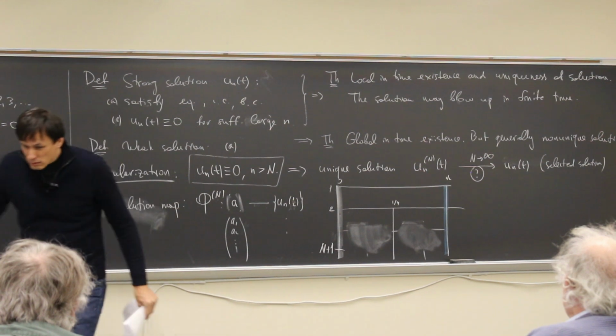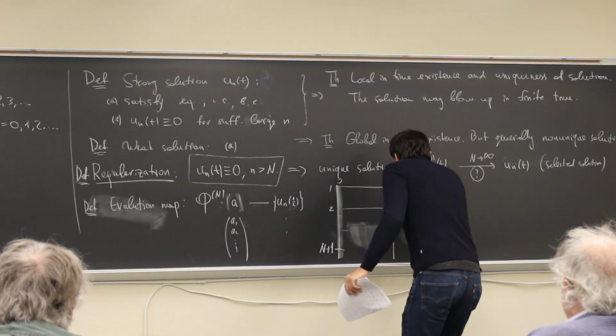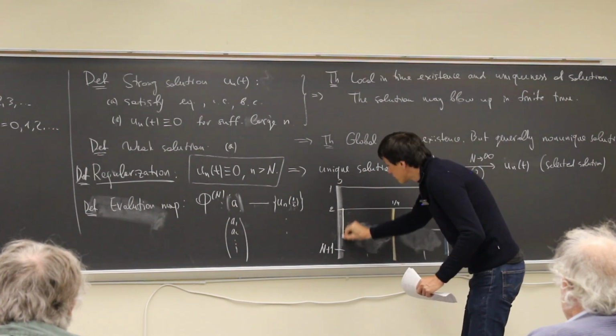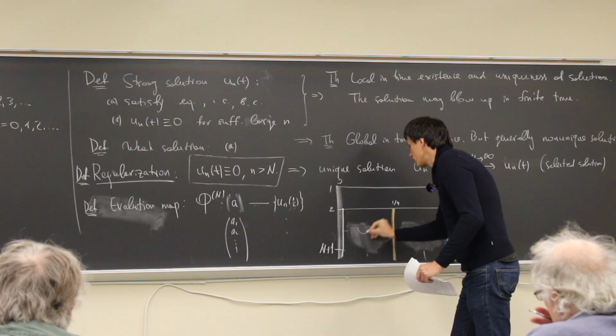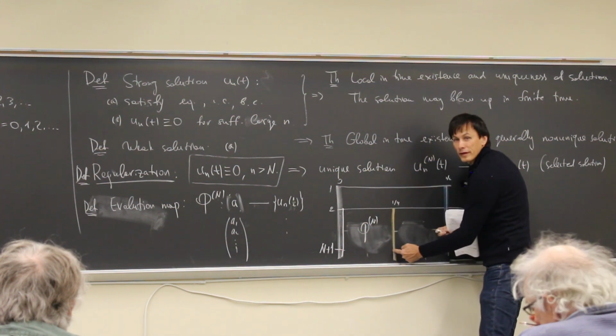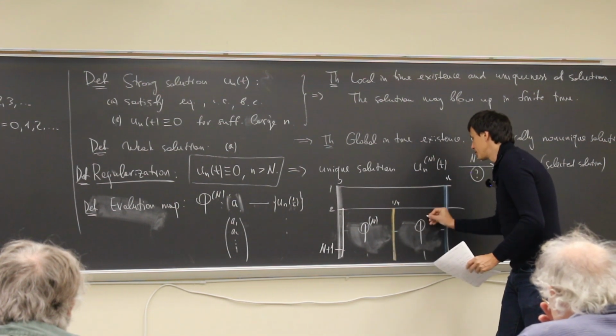That means that this vector to this vector is carried by the map Phi(n). This vector to this vector is carried by the map Cn.